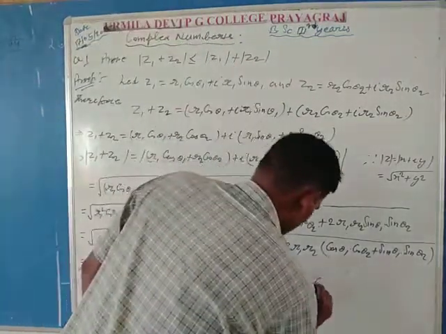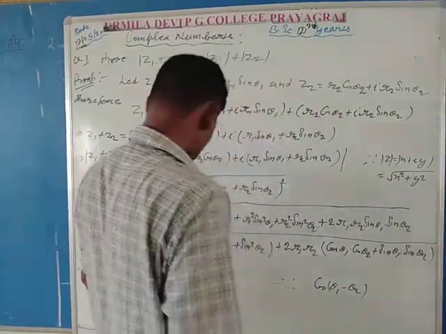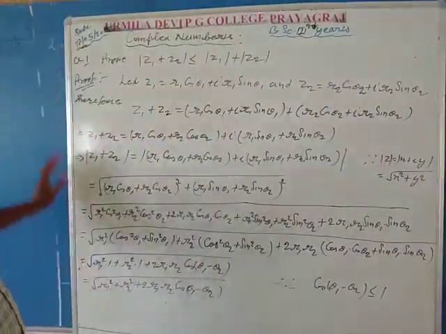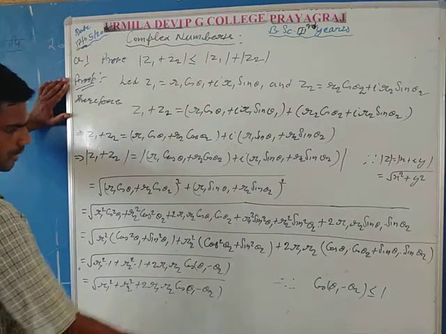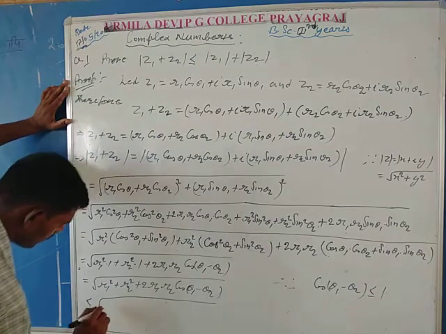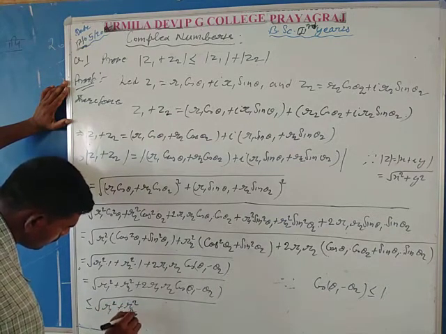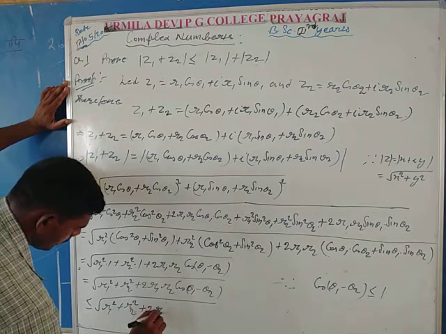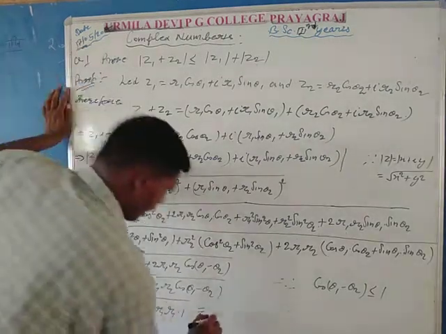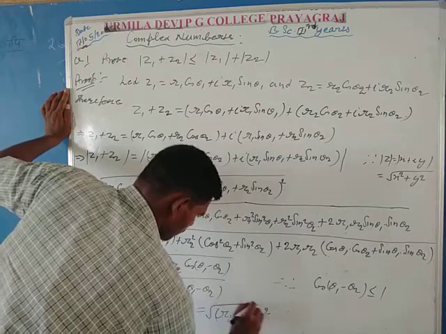So cos of theta 1 minus theta 2 is less than or equal to 1. Using this, replacing it by 1, we get less than or equal to root of r1 square plus r2 square plus 2 times r1 r2 into 1, which is the whole square of r1 plus r2 under root form.